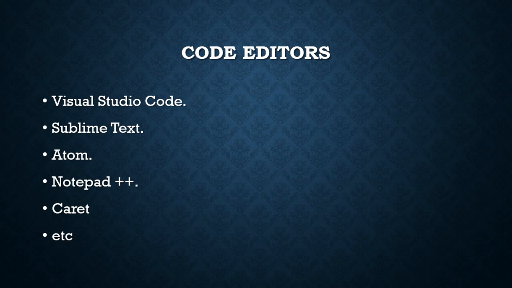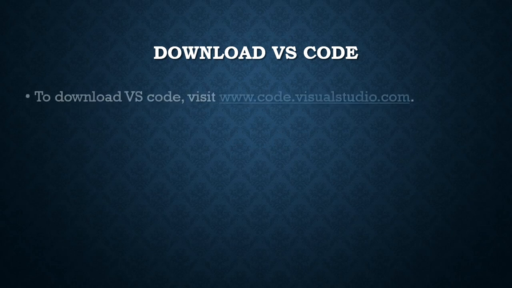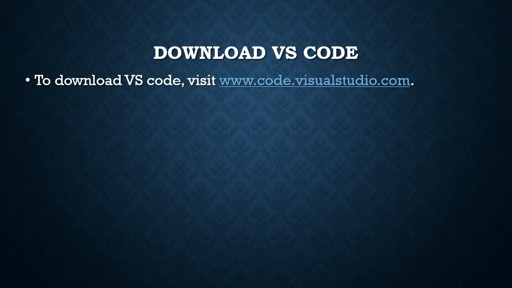But for this course, we are going to use Visual Studio Code. You can feel free to use any text editor of your choice, but to follow this tutorial keenly, I want all of us to use Visual Studio Code. Now, how can we download Visual Studio Code? We will download it from the official website, that is code.visualstudio.com.